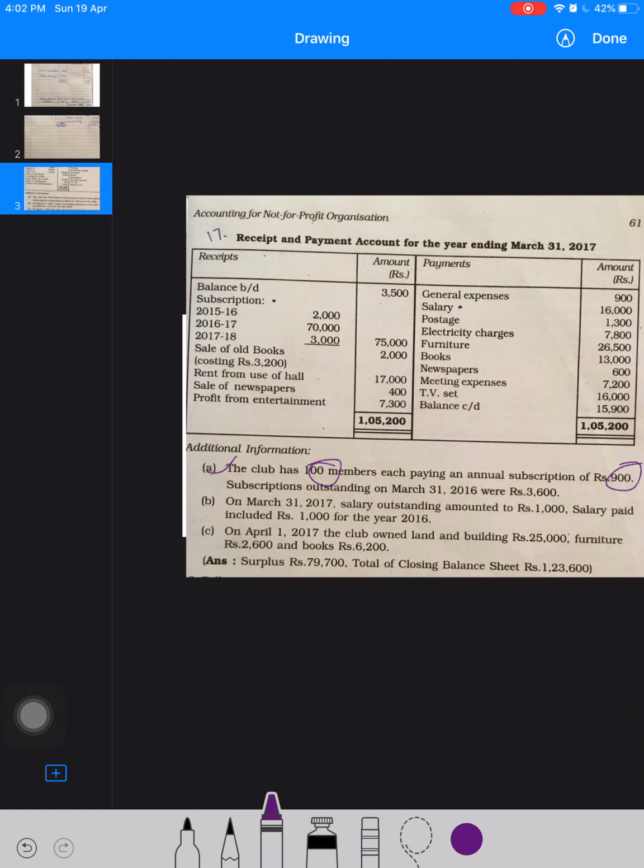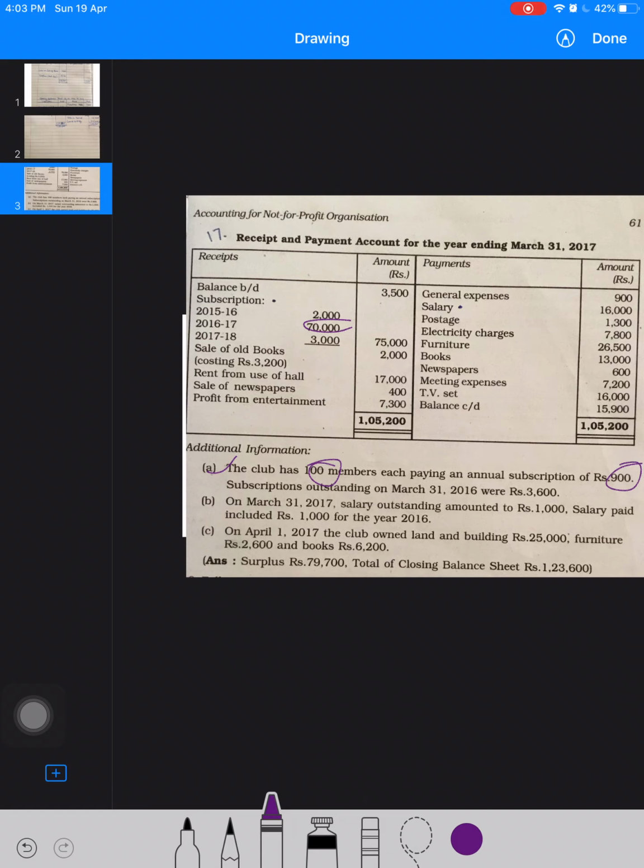But if you can see here in 16-17 the figure has been shown as 70,000. That means out of 90,000 the club has received only 70,000. The remaining 20,000 is still outstanding. But in income and expenditure account we always show the real amount irrespective of whether you have received or not. So we'll solve it, I'll explain, then you'll understand it.